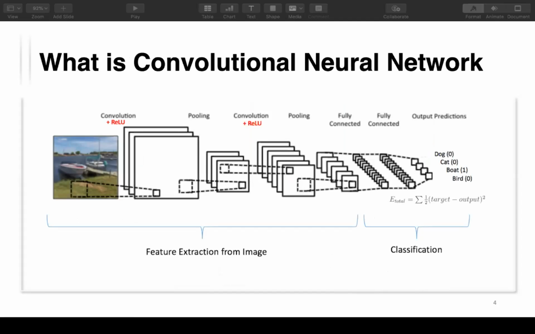One of the most common tasks is to classify the objects in pictures, and one advantage of CNN is that it extracts some basic features from the input images in the first few convolutional layers, and then uses the fully connected layers to classify the objects.